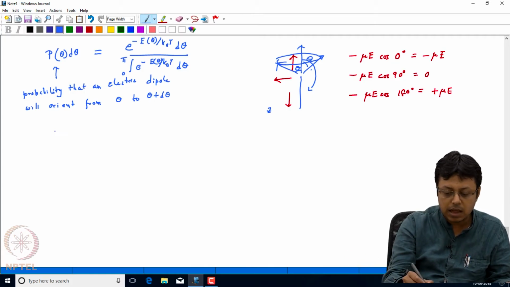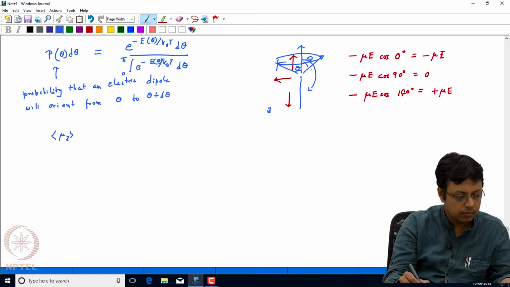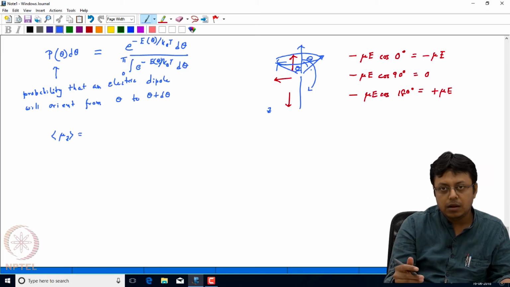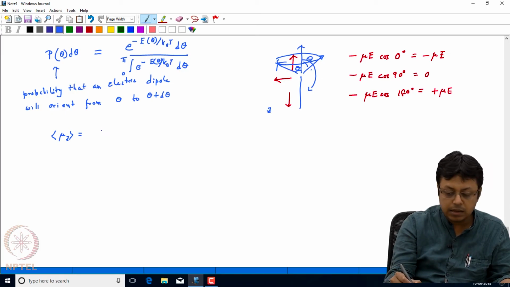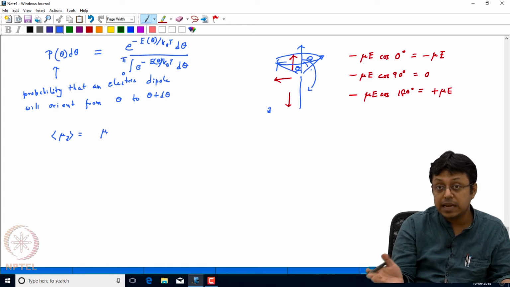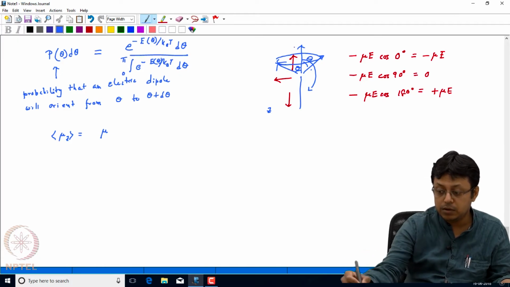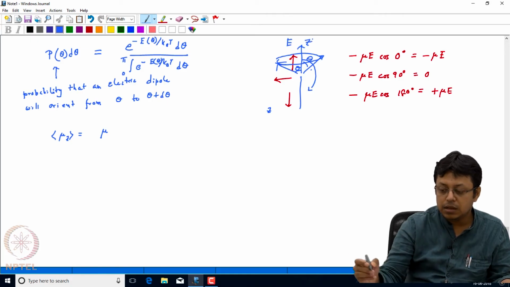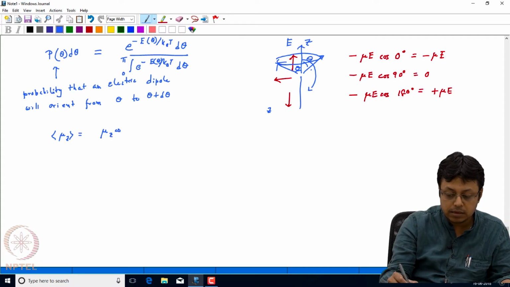Now, this average value of mu z, how do you calculate it? So, you take the mu z, which is nothing but the z component of the dipole moment. Now, if the dipole has an orientation theta with respect to the electric field, which is applied along this z axis, then I should write it as mu cos theta.